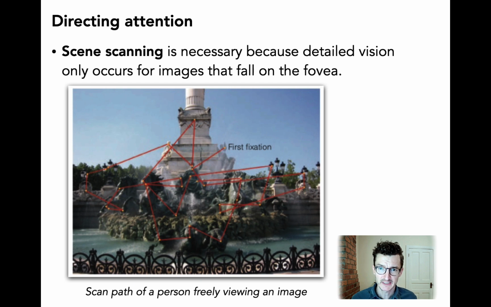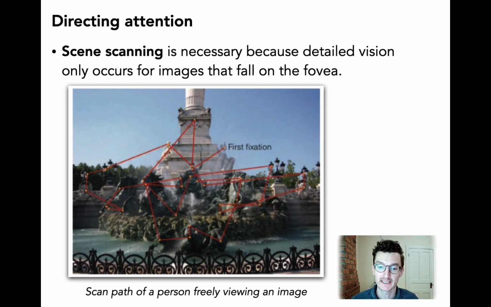So when we initially encounter a new scene, we want to put interesting images onto our fovea. And so we scan the scene. We can look at how people fixate when they're looking at new scenes by tracking eye movements.